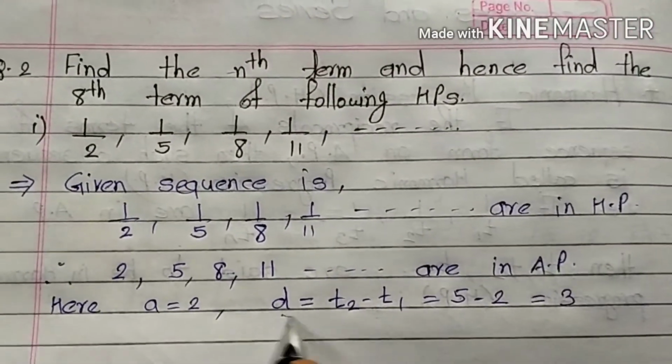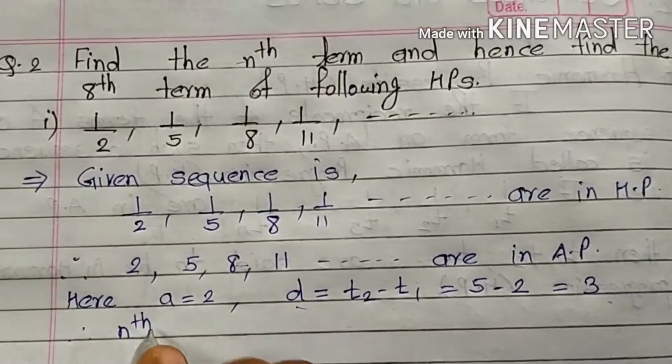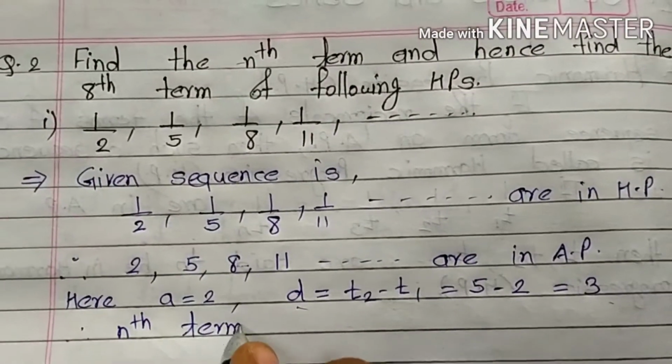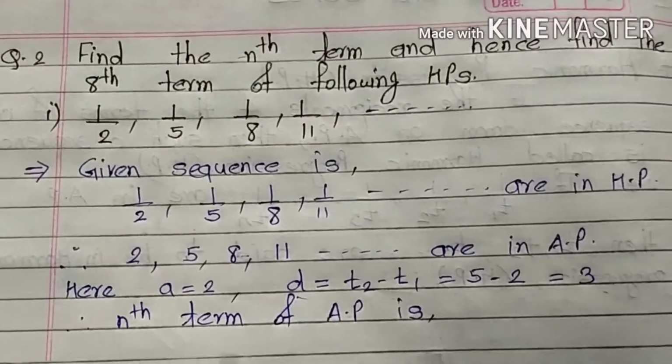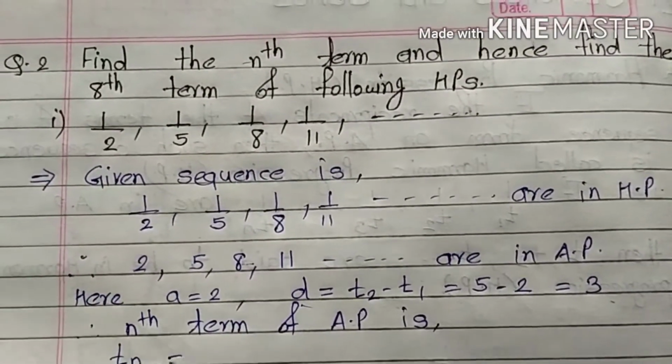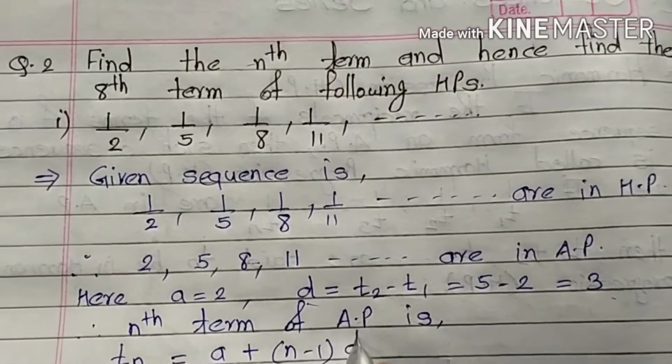So here common difference d is equal to 3. Therefore the nth term of AP is Tn equal to a plus (n minus 1) into d.